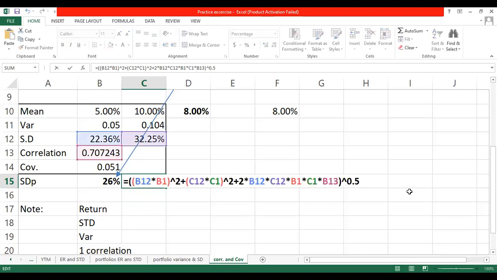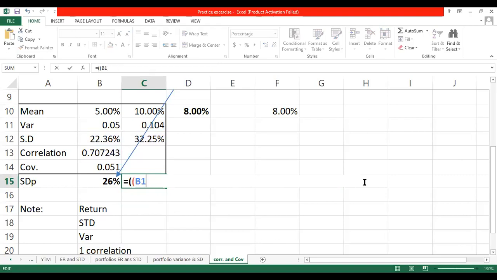Now see, I'm going to repeat the whole formula here, starting with a double bracket, because the first one I will close at the end of that formula.